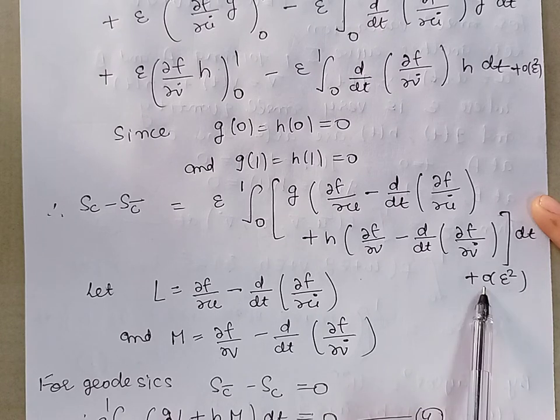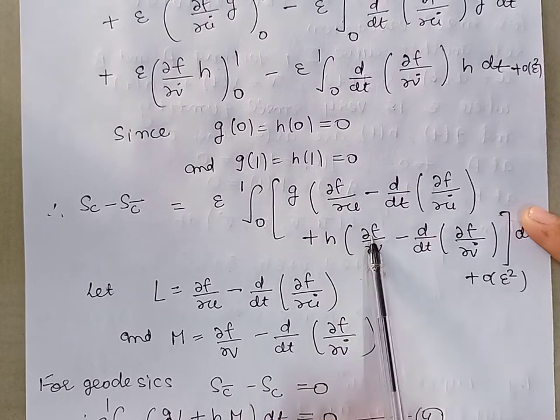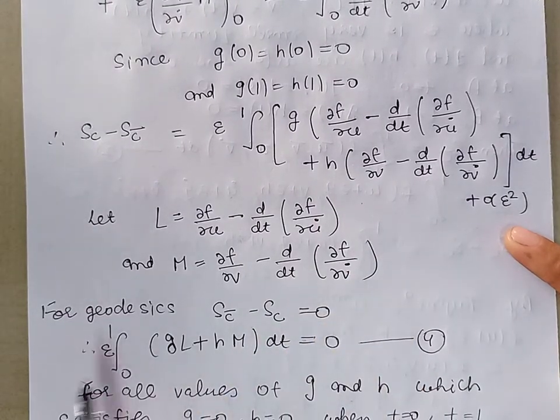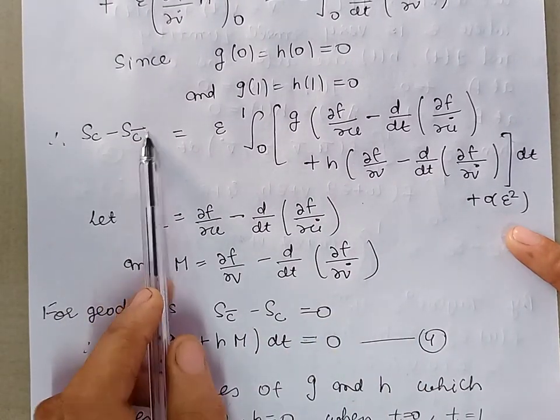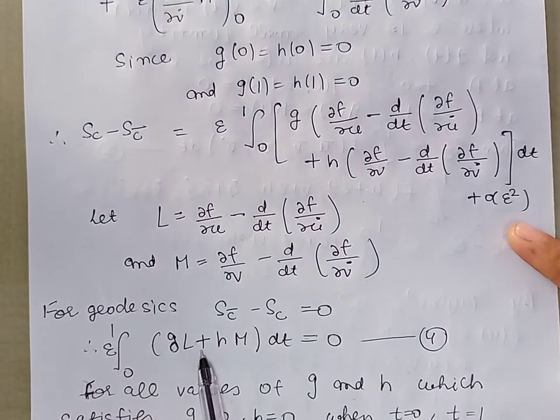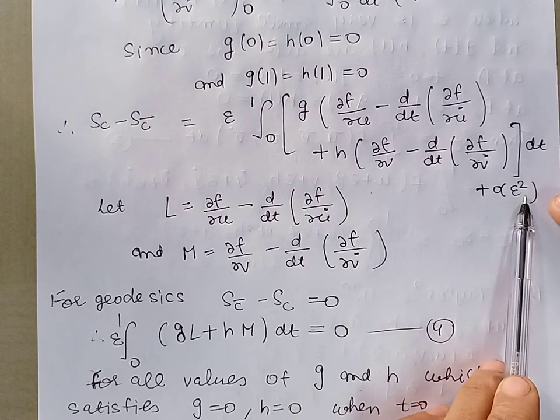This denotes higher order terms in the powers of epsilon. Now let us denote this term by L and this term by M. So this will become SC minus SC bar is equal to epsilon into integral 0 to 1 g into L plus h into M plus order of epsilon square.